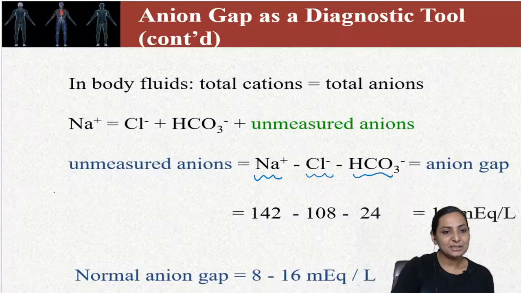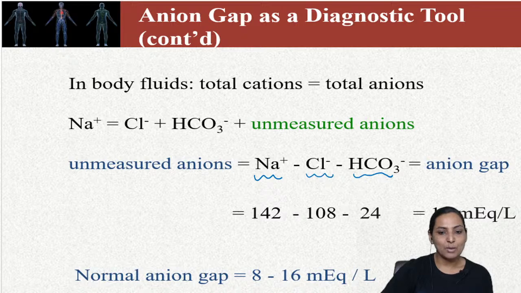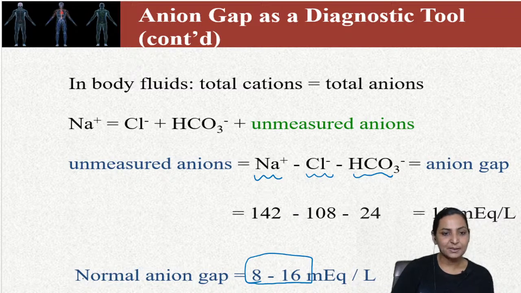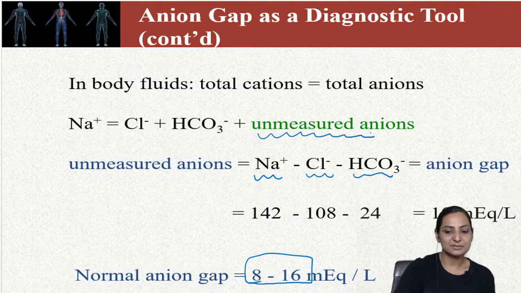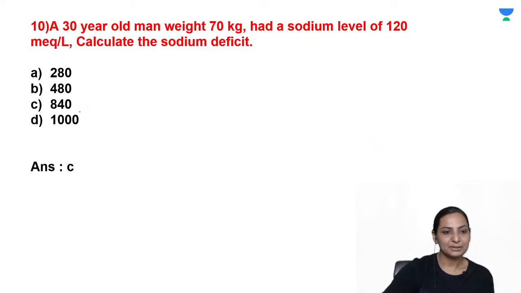So this is a very important one. You know that the normal anion gap is between 8 to 16 milliequivalents per liter. Anion gap is basically the unmeasured anions. Next one.